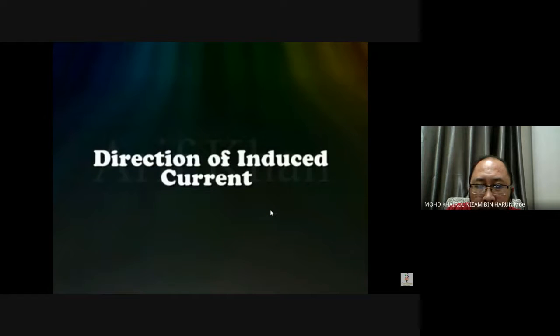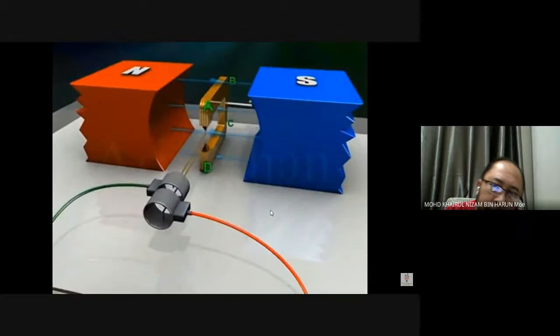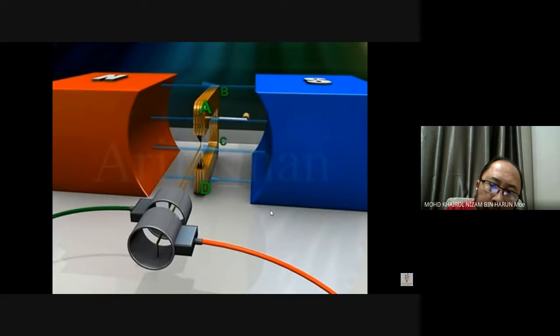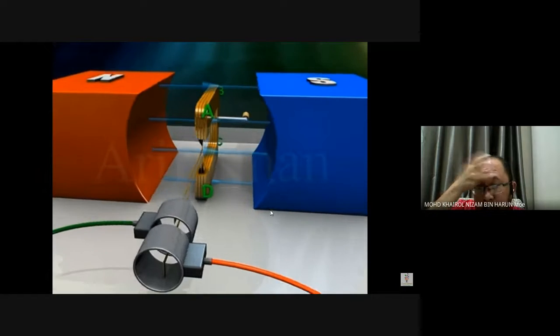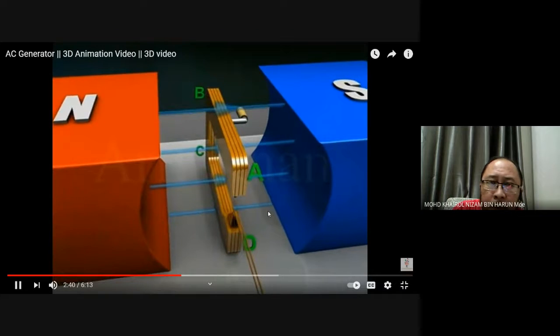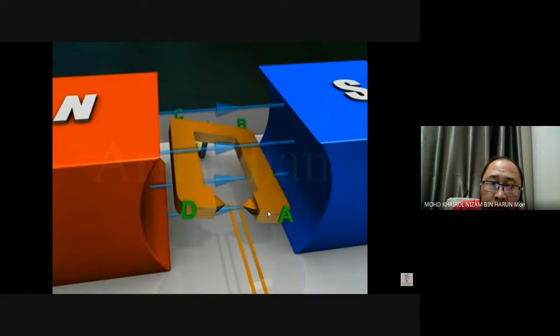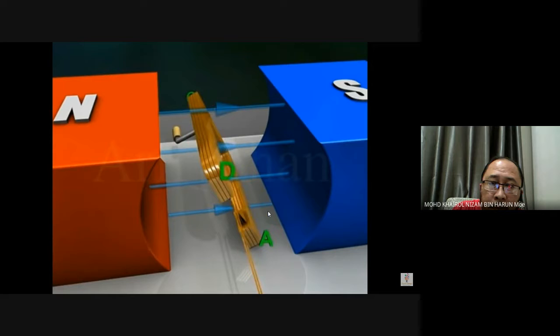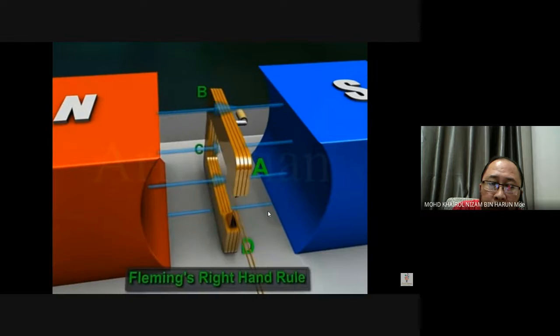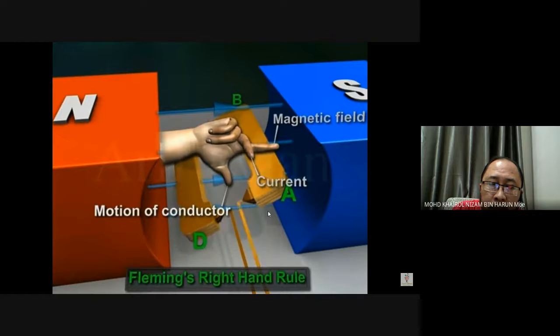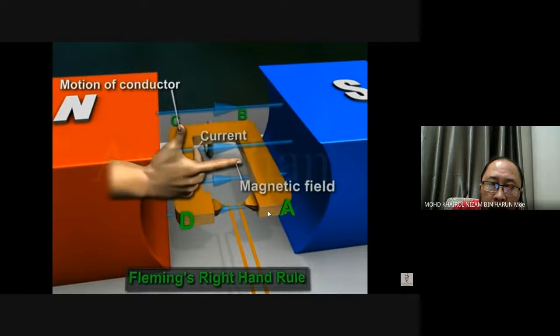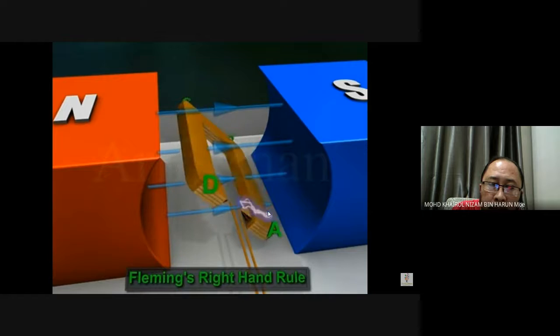Direction of induced current. Initially, the armature ABCD is vertical with its arm AB up and CD down. The direction of magnetic field is from left to right. As the armature undergoes a half rotation clockwise, arm AB moves down while arm CD moves up. According to Fleming's right-hand rule, the current will flow in the direction DCBA.